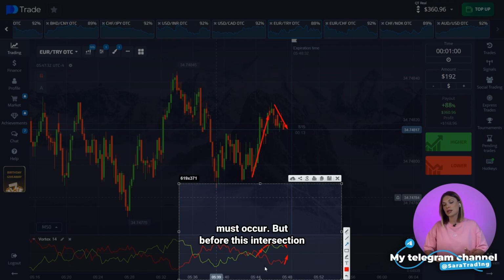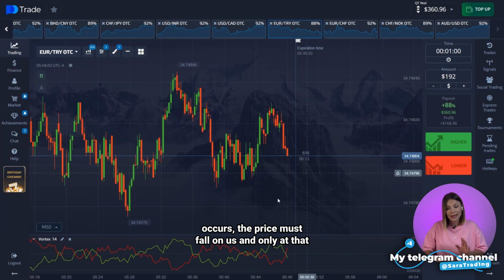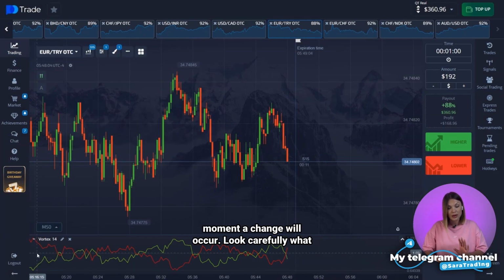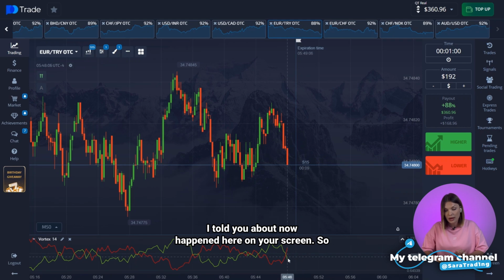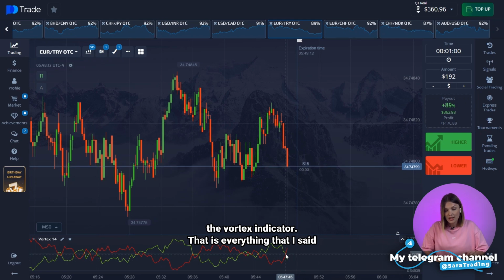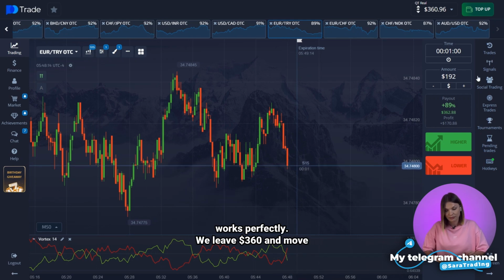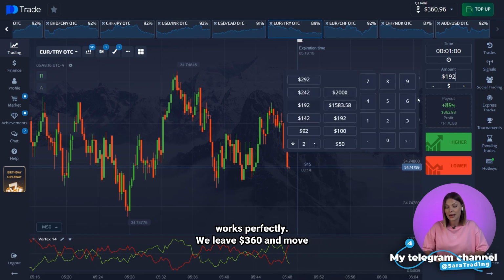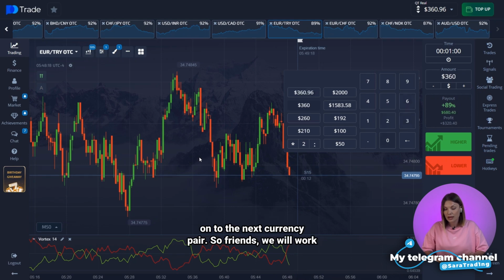But before this intersection occurs, the price must fall on us. And only at that moment a change will occur. Look carefully, what I told you about now happened here on your screen. So you see a downward movement plus a crossover on the Vortex indicator. That is everything that I said worked perfectly. We leave $360 and move on to the next currency pair.